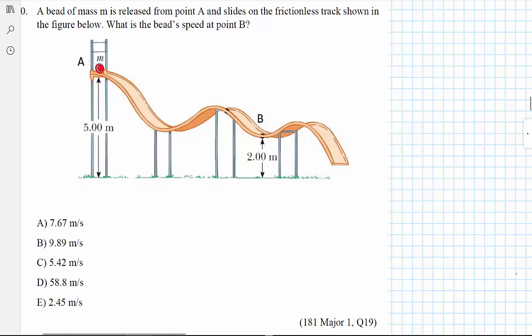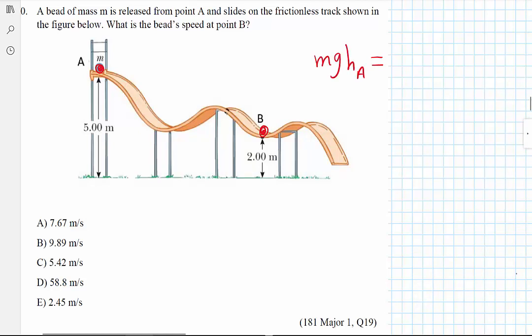As the track is frictionless, we can equate the mechanical energy at A to the mechanical energy at B. The mechanical energy at A has two parts, the potential energy and the kinetic energy. But here it says it was released at A. So the speed at A is 0, so there is no kinetic energy and it's only potential energy at A.